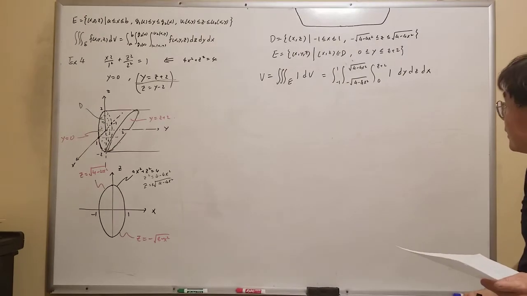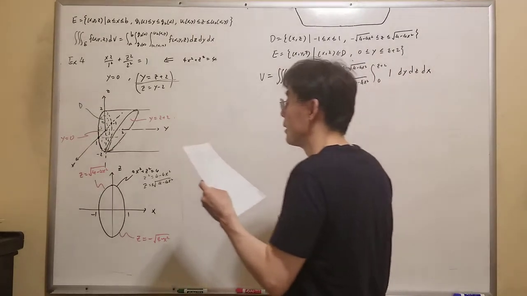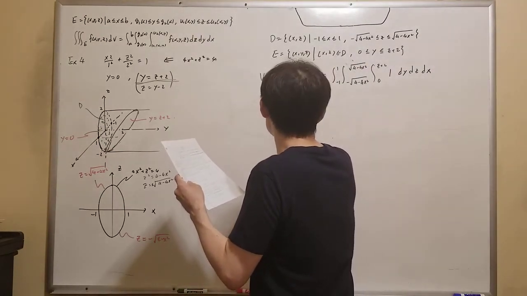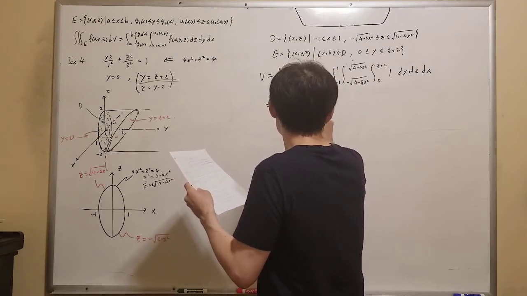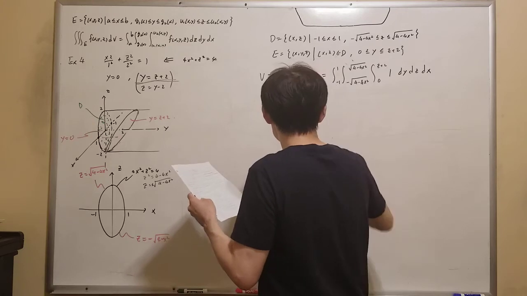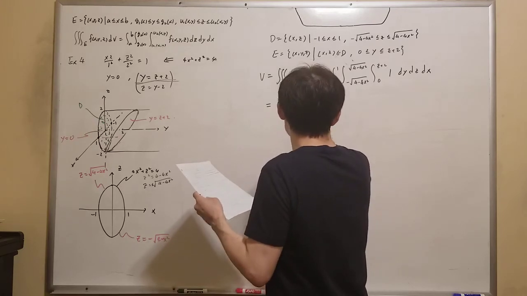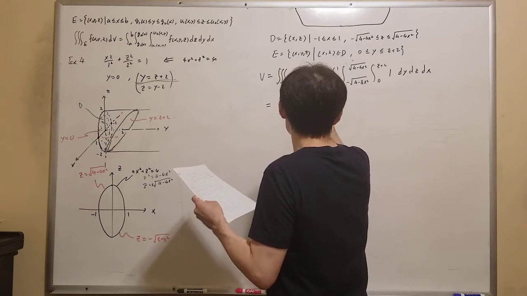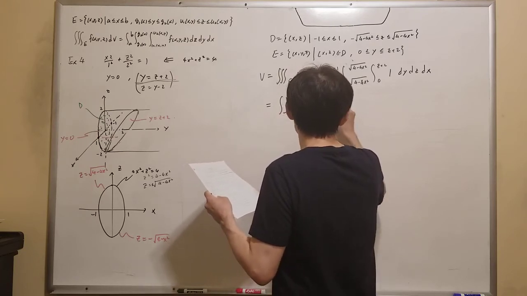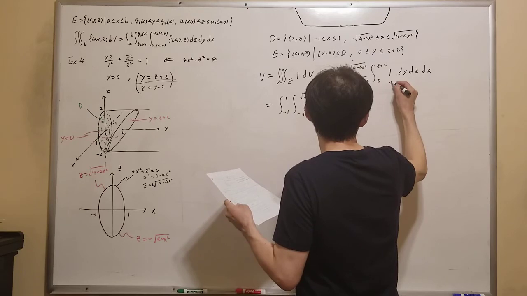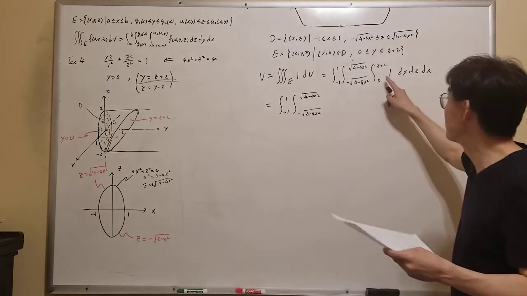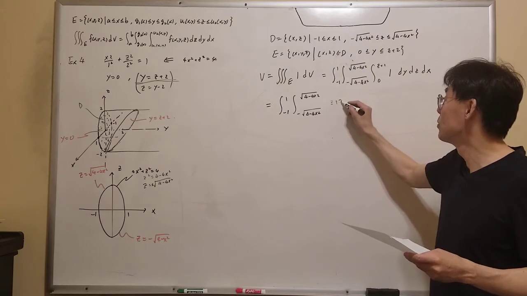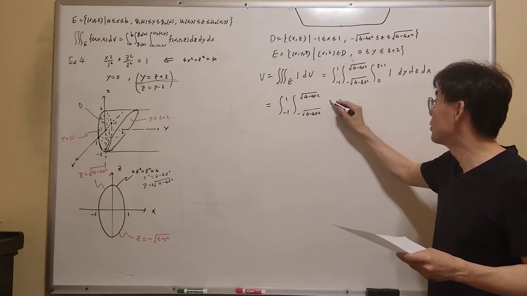Okay? So you get what? Integral from -1 to 1. This one is y from, constant function 1, from 0 to z plus 2 minus 0. So z plus 2.